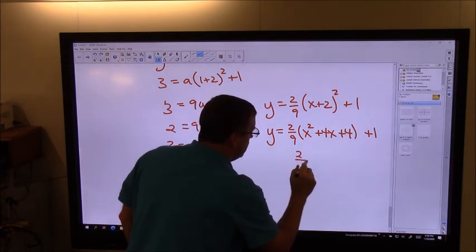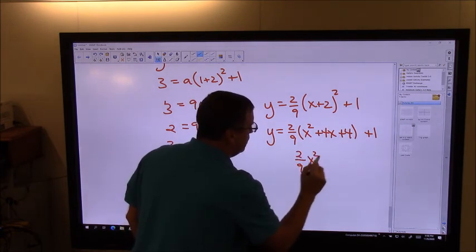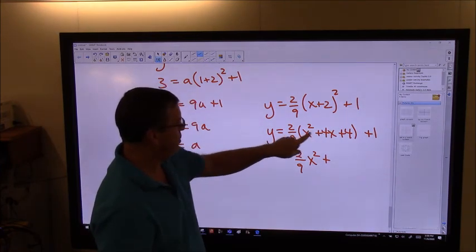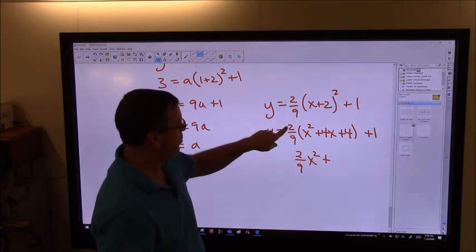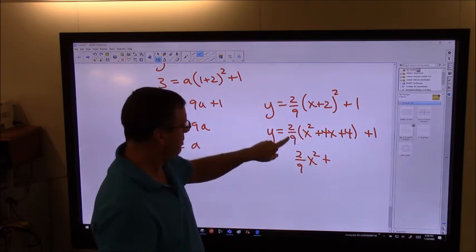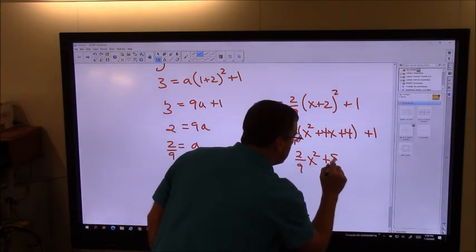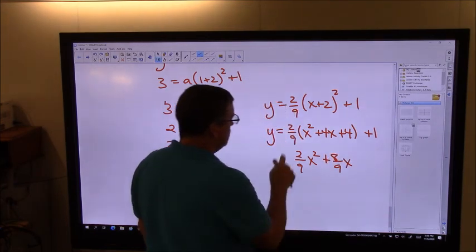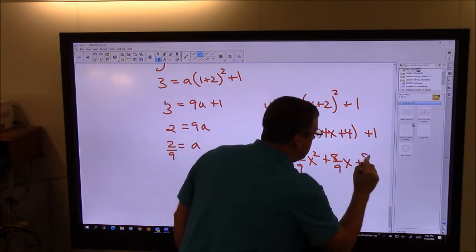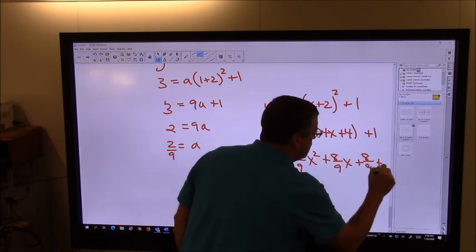So I get 2/9 x squared plus, if I take an integer times a fraction, we just multiply that straight into the numerator, right? Because this is 4/1. So 8/9 times x, multiply 4 again, I get plus 8/9 plus 1.